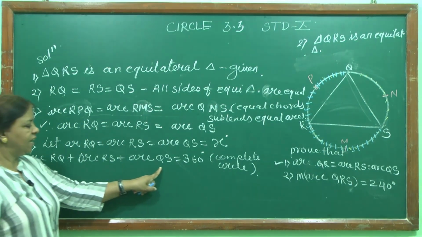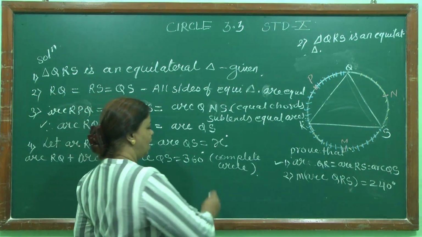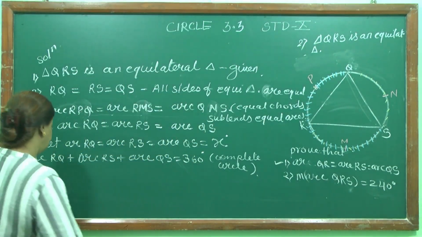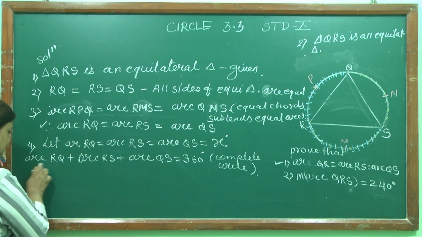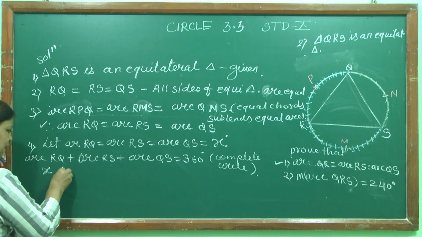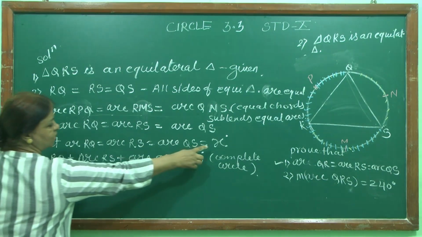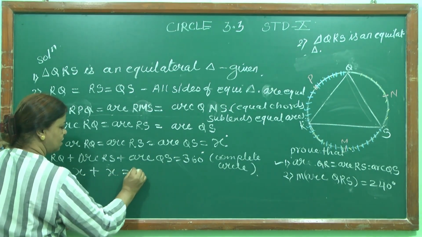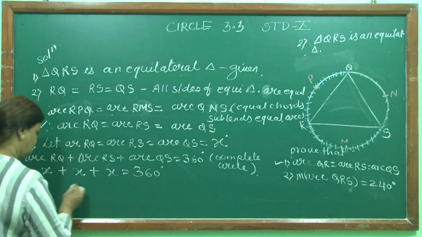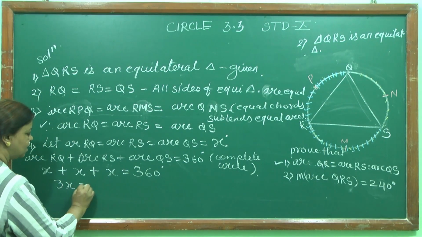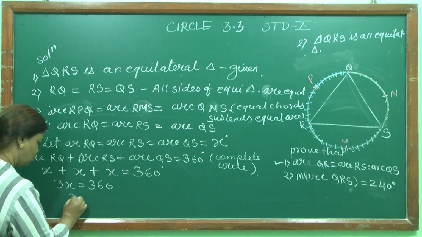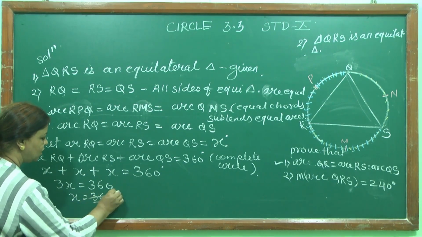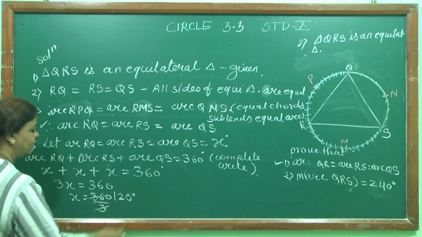When you add all the arcs, by the arc addition property, the complete circle is equal to 360 degrees. So what happens here? This is x plus, we have assumed, x plus x is equal to 360 degrees. So we can write 3x is equal to 360. So x is equal to 360 upon 3. So 3 ones are 3, 3 twos are 6, 120 degrees.